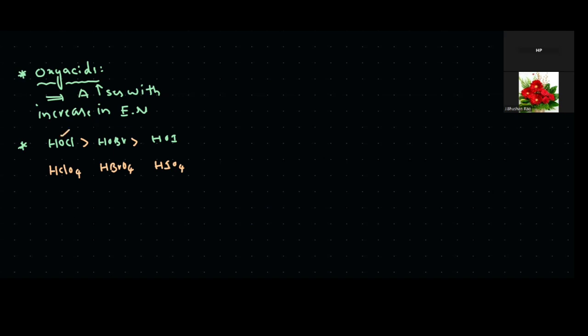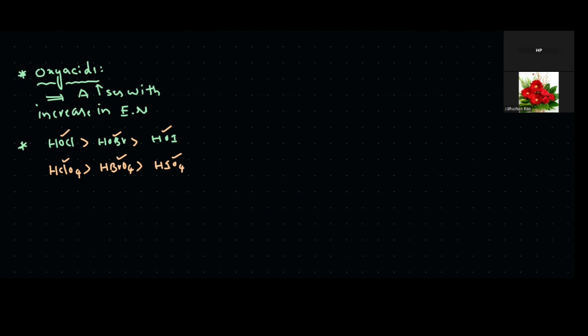But in this case, it is perchloric acid, perbromic acid, periodic acid. So in these cases also it depends on the electronegativity. Which one is very high? Chlorine only, again more acidic. This is more acidic than the second one, and the second one is more than HIO4, the third one. So the acidic character depends on the electronegativity of the central atom only.